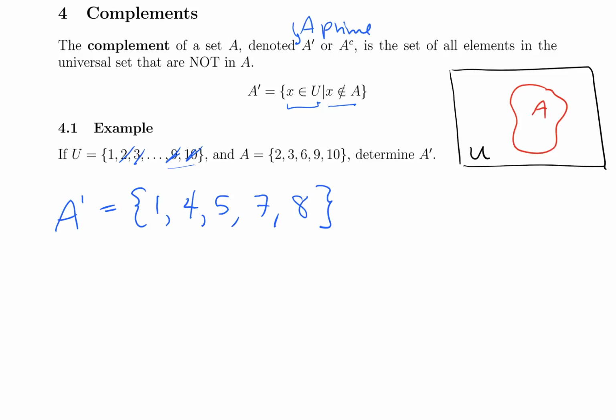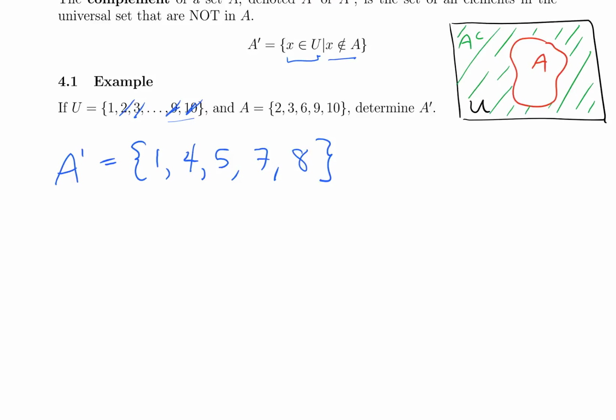So let's say this is the set A. Then A complement is everything that is outside of A. So A complement would be everything that's in the universal set but not in A. If you imagine you had a piece of paper and you cut out the A, anything that's left over is your complement. And that's what we see here in our example. A complement gave us everything that was left over once we removed A.